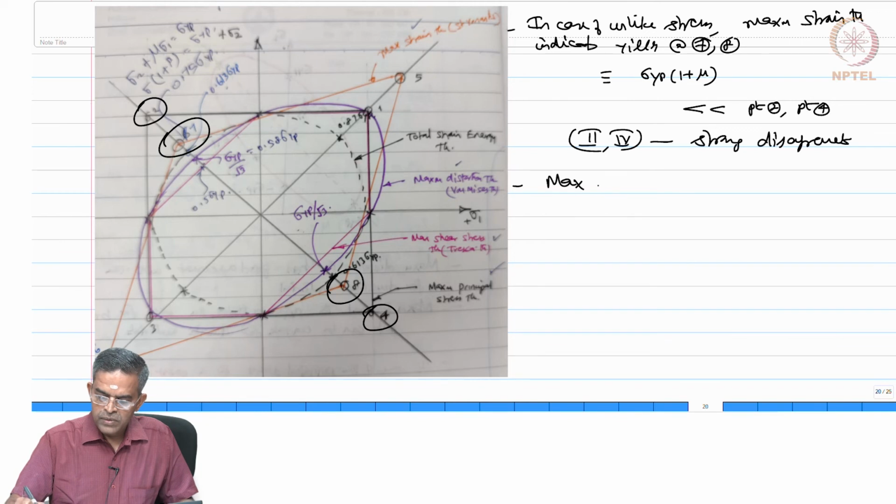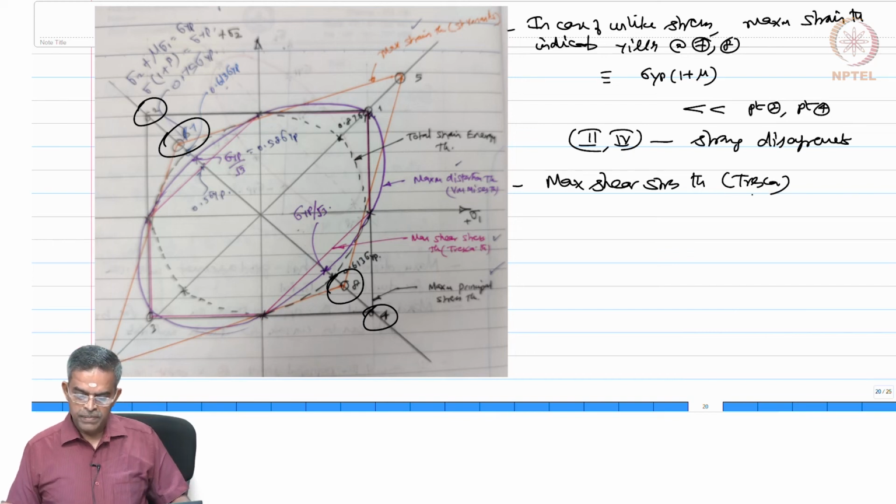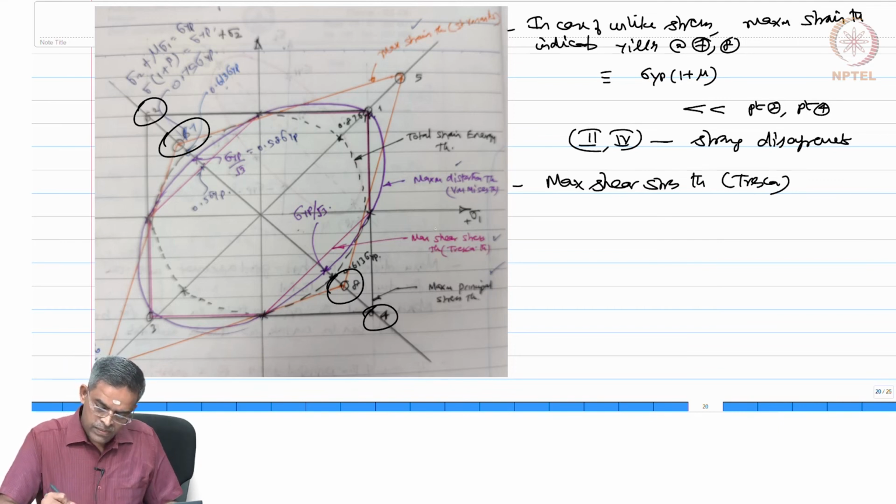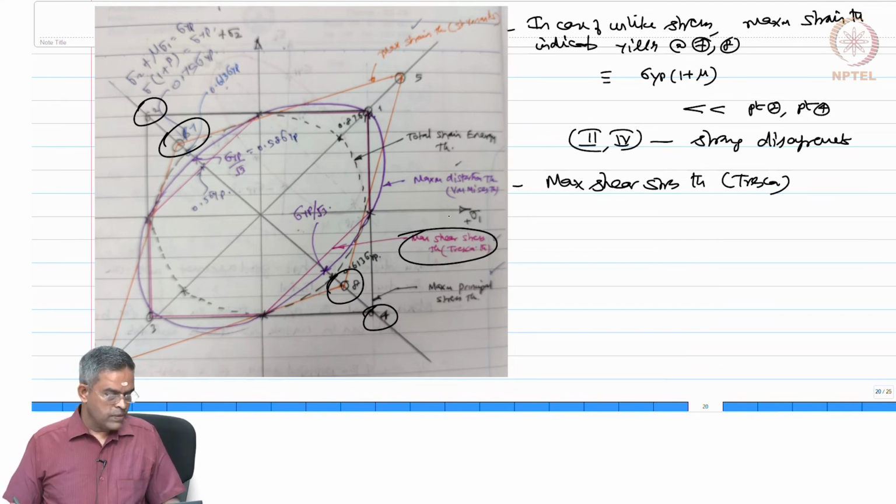Maximum shear stress theory, that is given by Tresca, which is indicated by this color, is it not? It is indicated by a hexagon, an irregular hexagon.